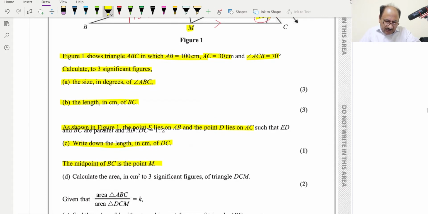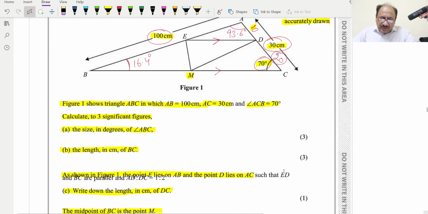Calculate the area in centimeters squared to 3 significant figures of the triangle DCM. DCM is required, so we can find the length of MC or CM, which will be 106 divided by 2, because M is the midpoint.